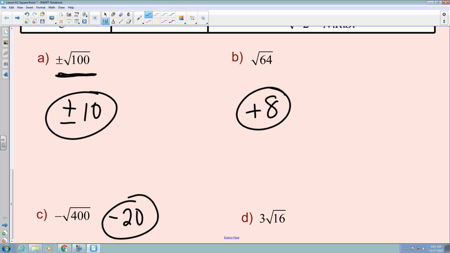The last one here, you have a value on the outside of the square root, and a value on the inside. So since 3 is positive, I write 3, and it's going to be multiplied by the square root of 64, which is 4, and then 3 times 4 is 12. Okay?